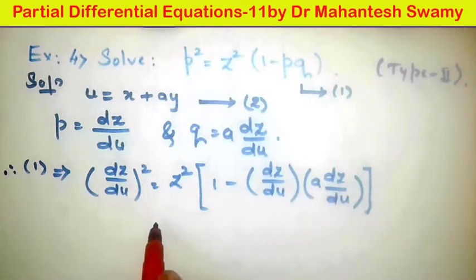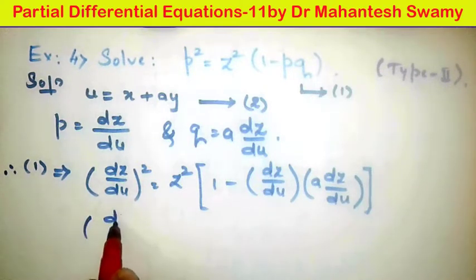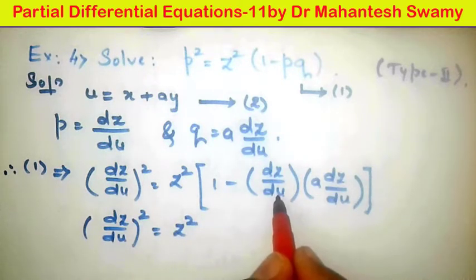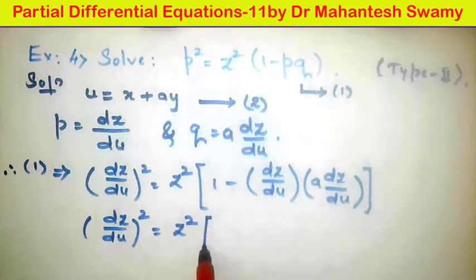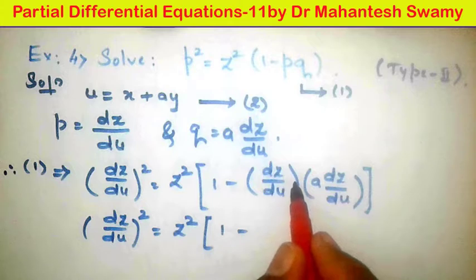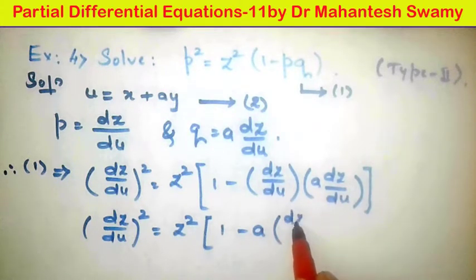So how to solve it? Let us proceed. On LHS, keep this dz by du whole squared as it is, whereas on RHS we have z squared into the bracket 1 minus a into dz by du whole squared.